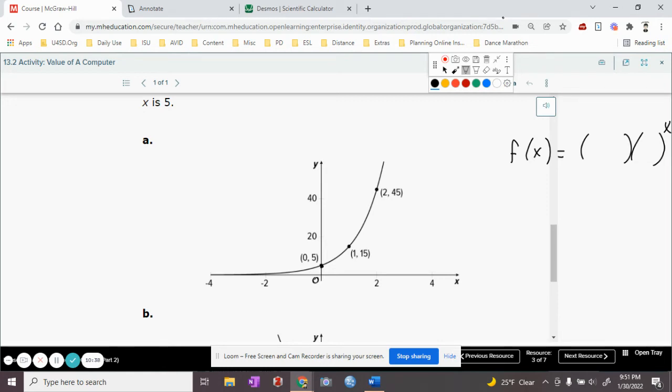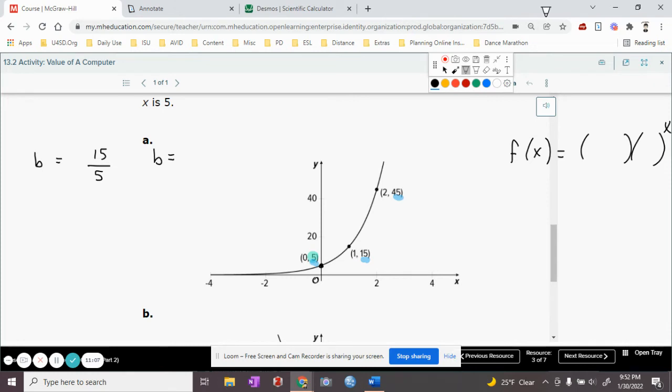Well, our starting value is going to be on the y-axis. Okay, so we've got our 5. And then we can determine how we get from 5 to 15 to 45. What are we multiplying by each time? So our b is going to be a term divided by the previous term.